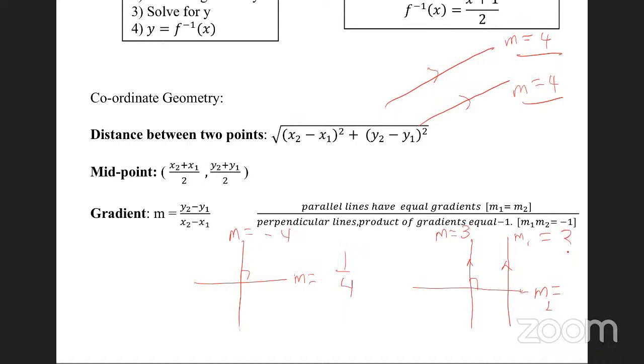Why? Because they are parallel. What's the gradient of the second line, Sama? -1/3. Flip the value over and change the sign. So it will be negative. Perpendicular lines are negative reciprocals of each other.